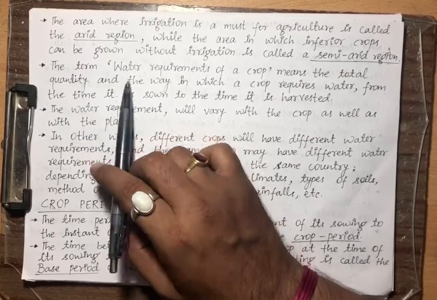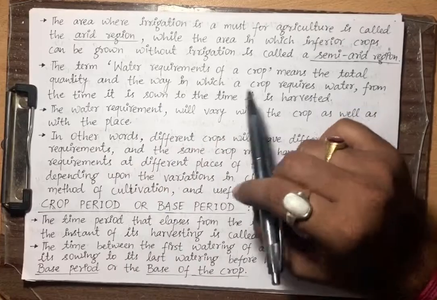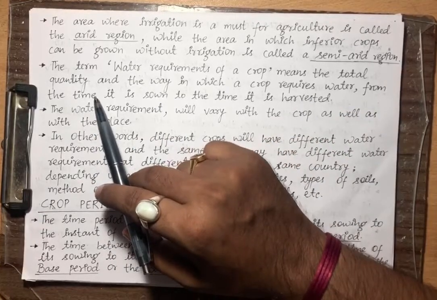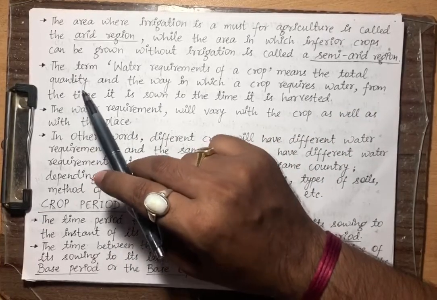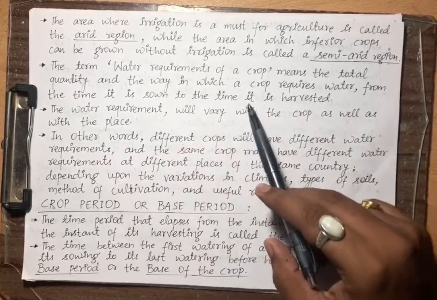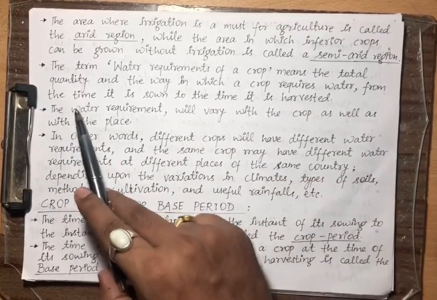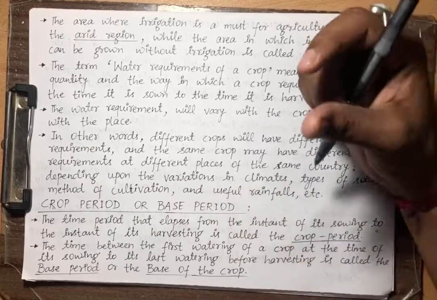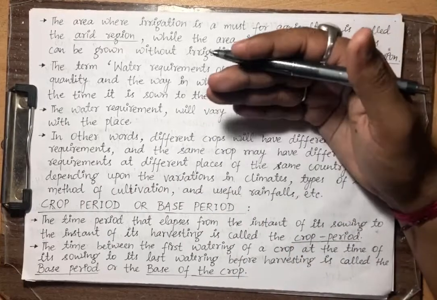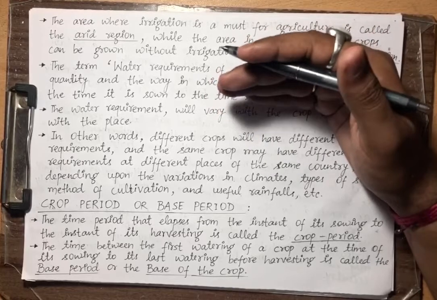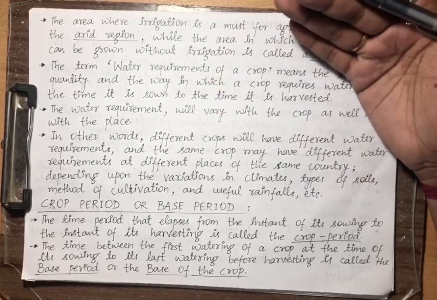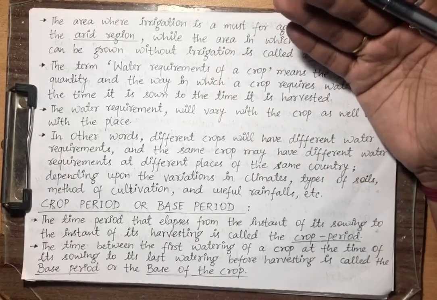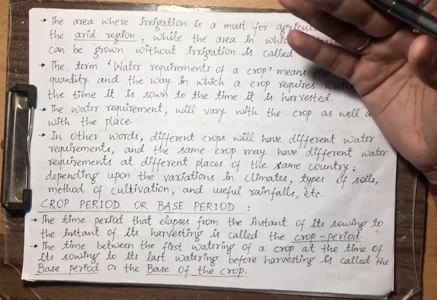The term water requirement of a crop means the total quantity of water and the way in which a crop requires water from the time it is sown to the time it is harvested. So a crop is sown, let us say, on 1st September, and it is going to be harvested on, let's say, 15th October.